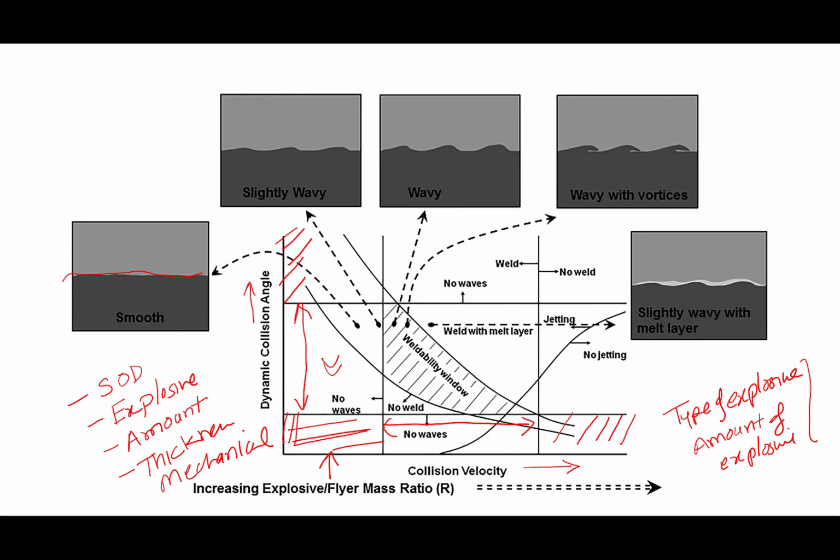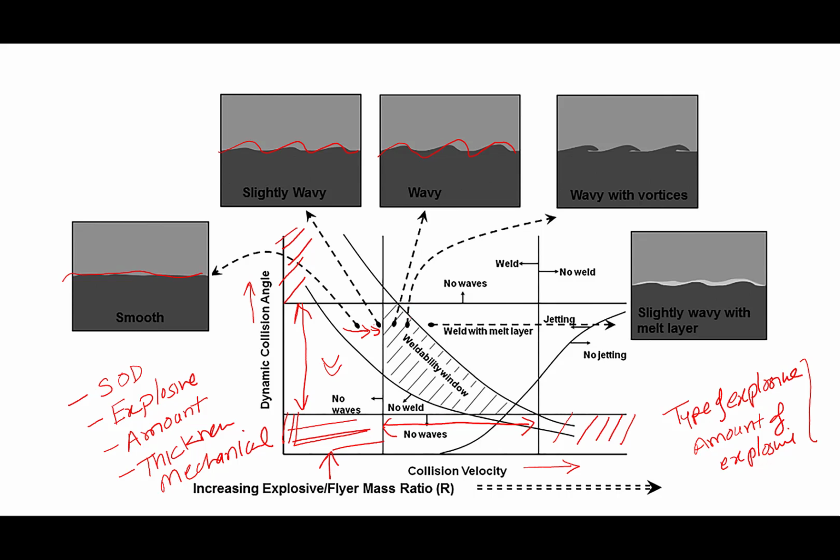But with the increase of the collision velocity, for a given angle, the waviness starts generating here. These are considered to give the best results in terms of mechanical performance: tensile strength, ductility, and toughness of the joints which will be developed.